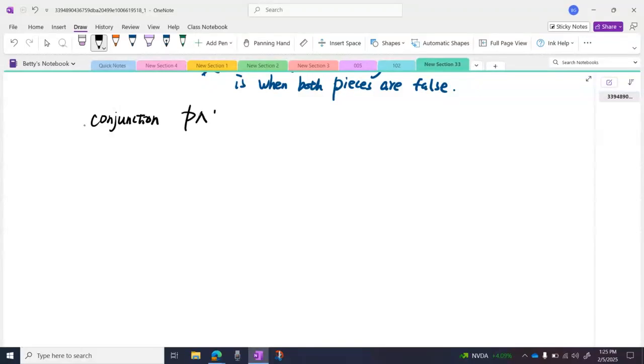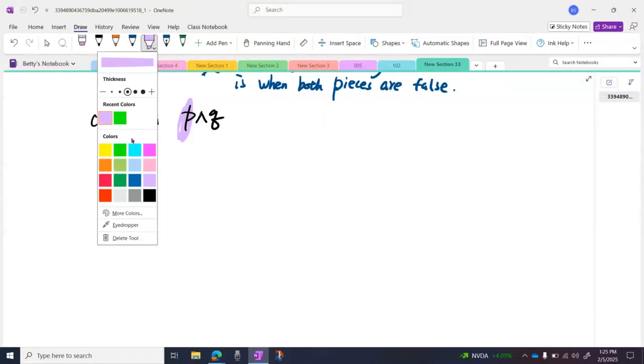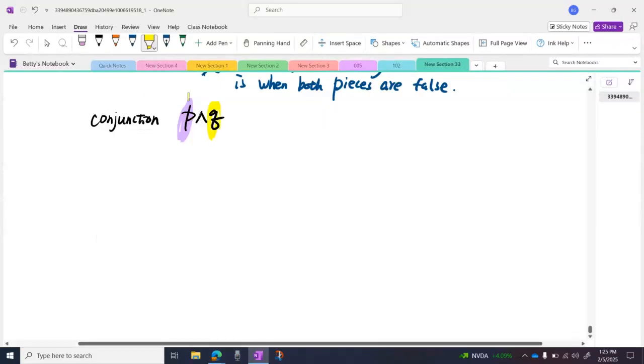Notation: P and Q. This upside down V is the symbol for "and," the symbol for conjunction. Same as earlier, this connective connects two parts, right? One part is to the left, the other part is to the right, and I'm going to continue referring to them as pieces.